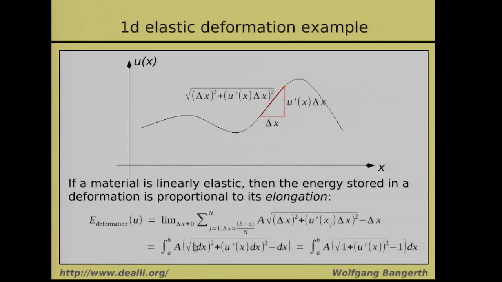I'm going to pull the dx out of this square root, and what remains is the integral from a to b of a times the square root of 1 plus u prime squared minus 1 dx. That is the deformation energy, the elastic energy.